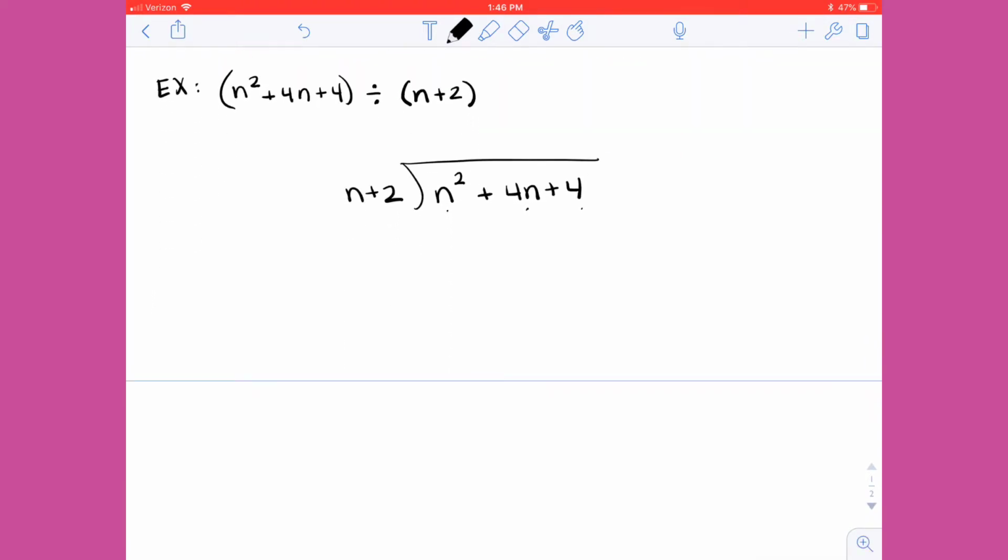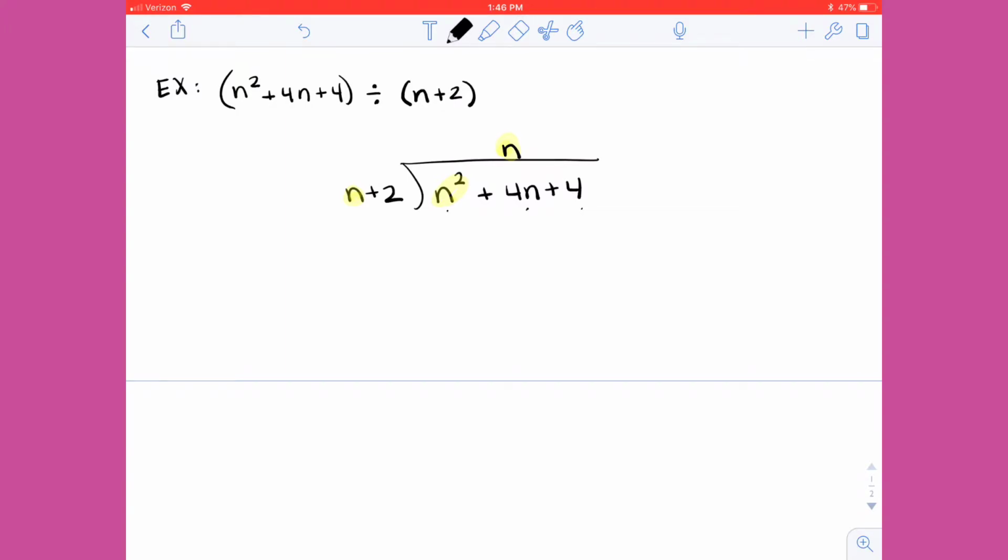Now I want to think about what value times n will give me n squared. Well, I know that that is n. You may be wondering, why didn't you put that right above the n squared value?